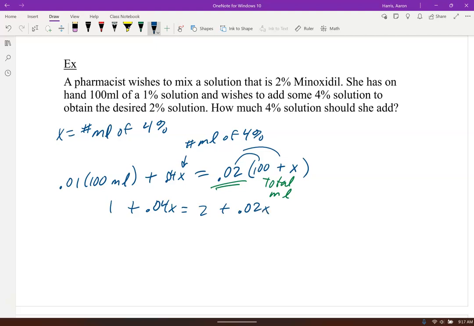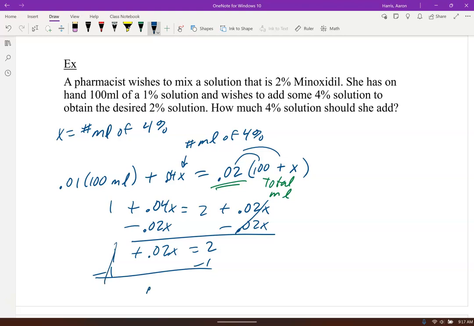Let's get all our x's on one side. So 0.04 minus 0.02, and we get 0.02. And we subtract 1, we got 0.02x equals 1. And then 1 divided by 0.02 is 50.